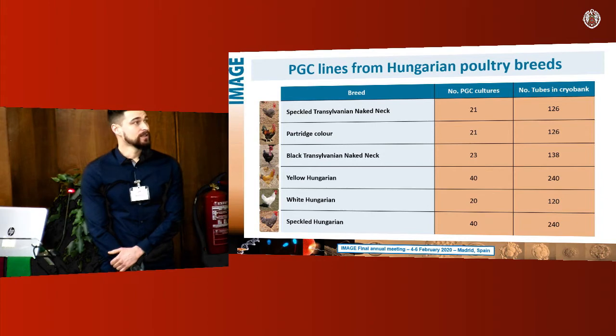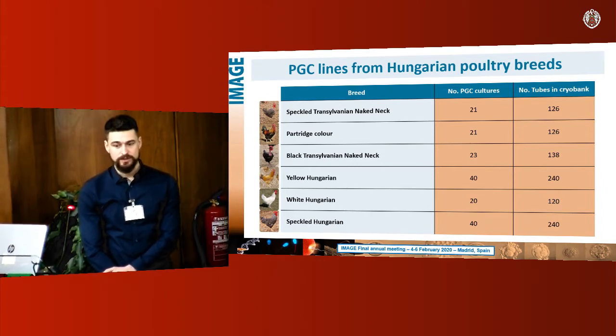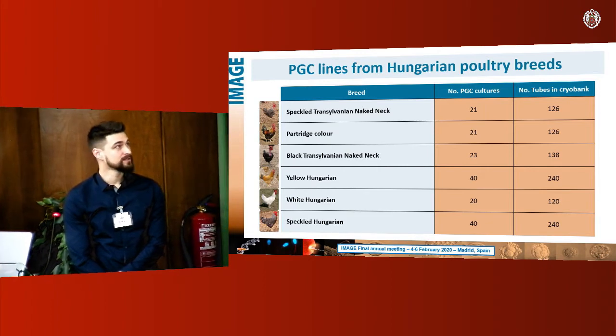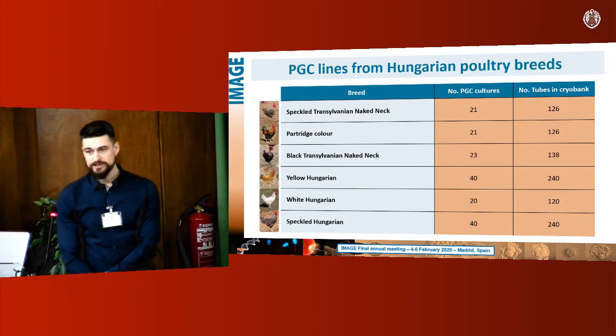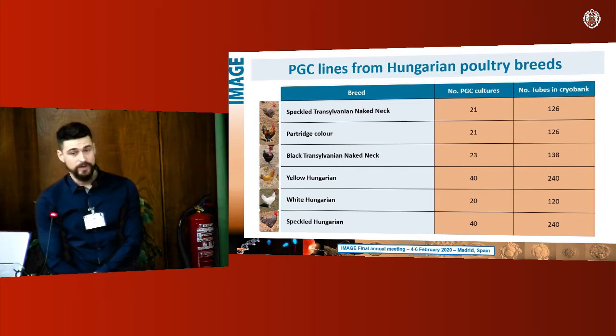So today I'd like to show you really shortly our results on the indigenous Hungarian breeds, how we use these techniques Mike mentioned to make a gene bank based on primordial germ cells. These are the 6 Hungarian indigenous breeds we used: the speckled and the black Transylvanian naked neck, the partridge color Hungarian, the yellow, the white, and the speckled Hungarian.